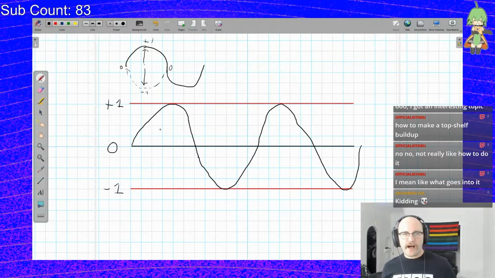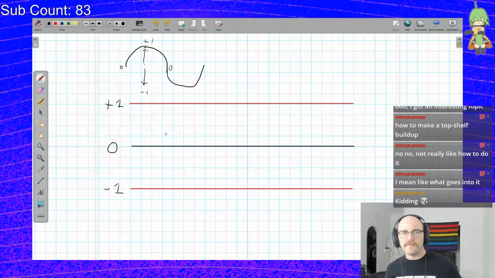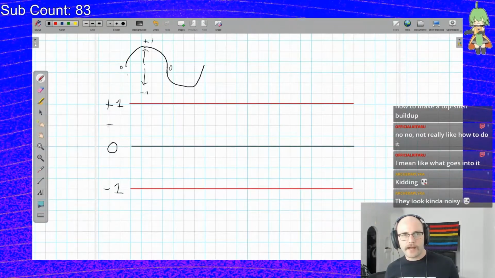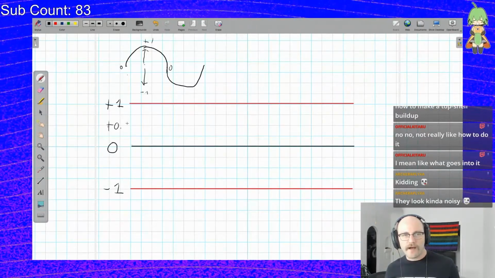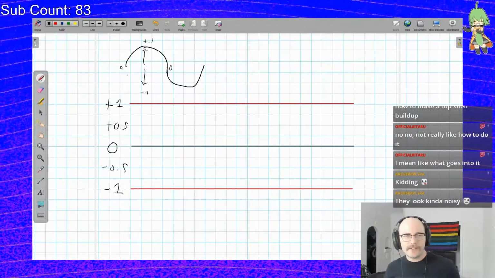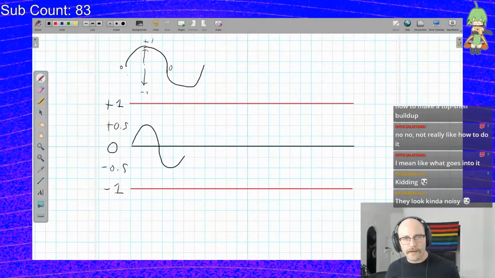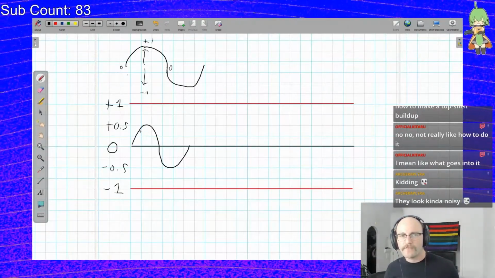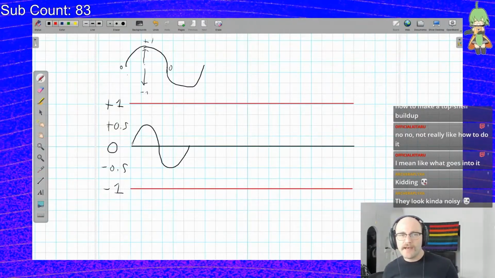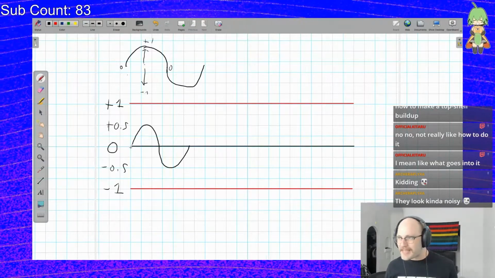Now, if I take this away, and let's say I have something that's not exactly full amplitude. Let's say, like, right here is positive 0.5, this is negative 0.5, right? So let's just have a nice little sine wave that's only existing from 0.5 to negative 0.5. And let's add in another wave that has the exact same phase relationship.